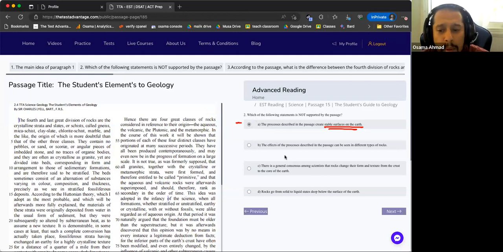Okay. إجابة B. The effects of the processes described in the passage can be seen in different types of rocks. وده موجودة عشان كان بيكلمني عن limestones, بيكلمني عن strata وslates وgranites, وإزاي كل البروسيس دولت الheat والpressure بيعمل rocks جديدة, right? It creates new types of rocks.